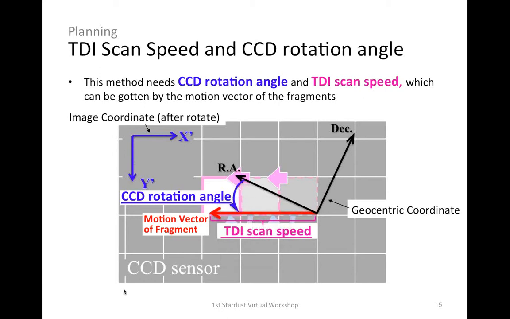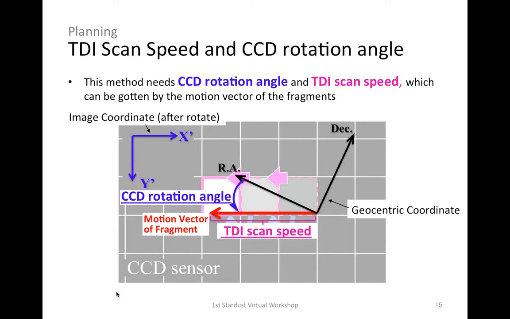In this method, one needs to set the CCD rotation angle and the TDI scan speed. The CCD sensor must be rotated to match the direction of the motion of the object with the direction of the charge transfer in the CCD.